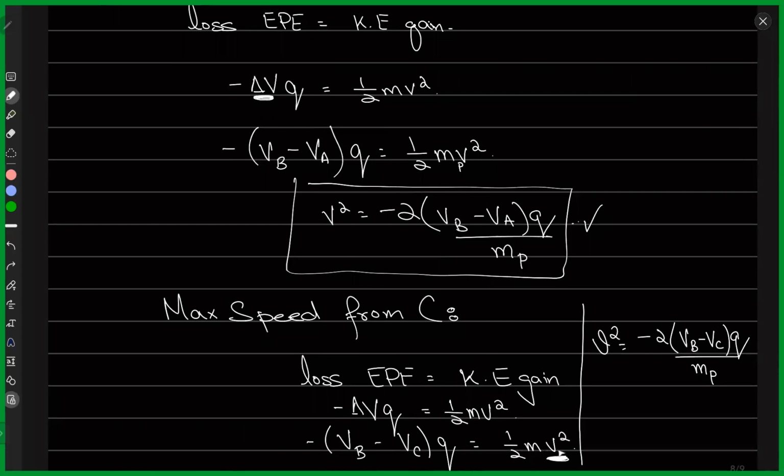This gives you the expression for velocity squared, and you take the square root to get velocity.